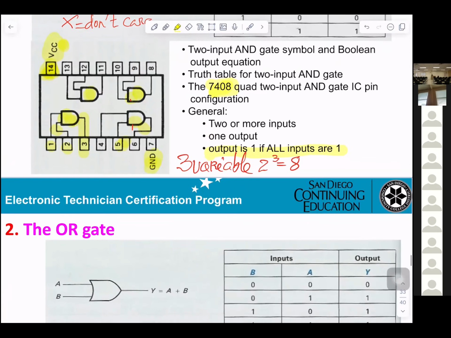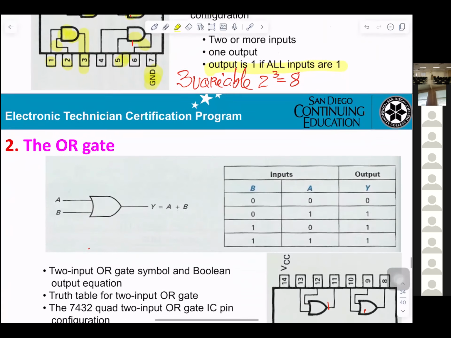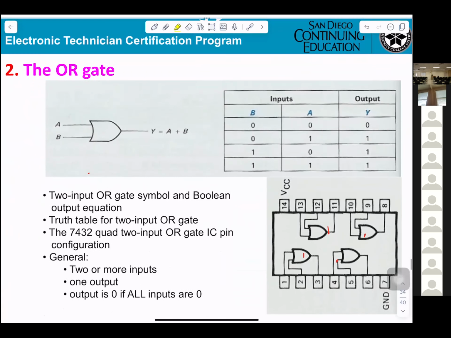Now, otherwise, you can go to the OR gate. Same thing, okay? OR gate means if you get for the OR gate A and B input, output will be equal A plus B, A or B. And this is the truth table telling you input A and B and what the output is.